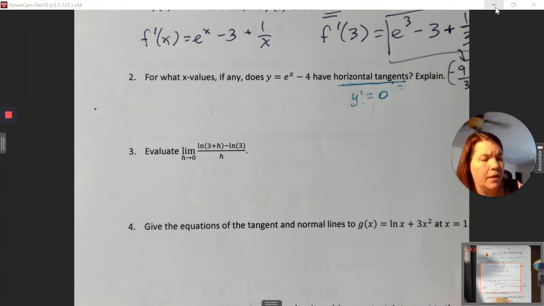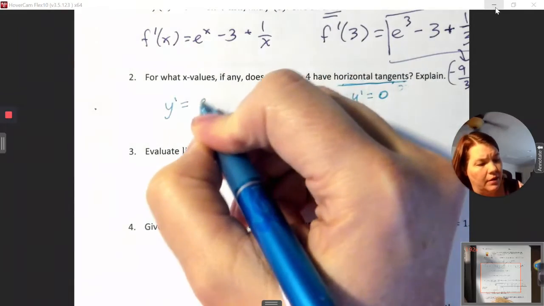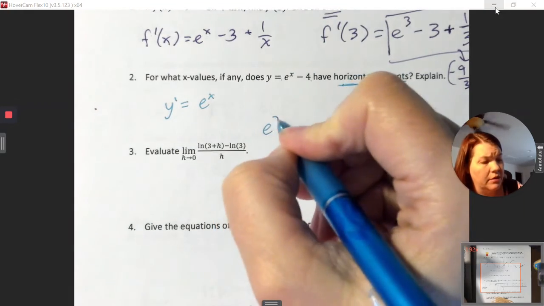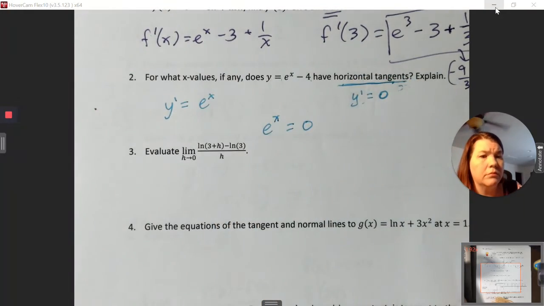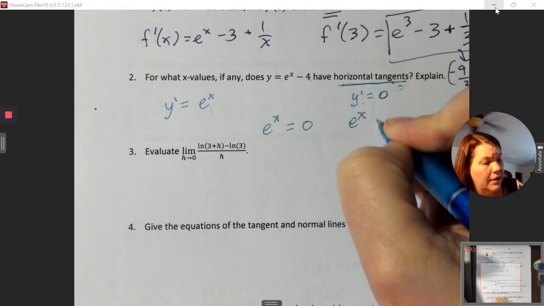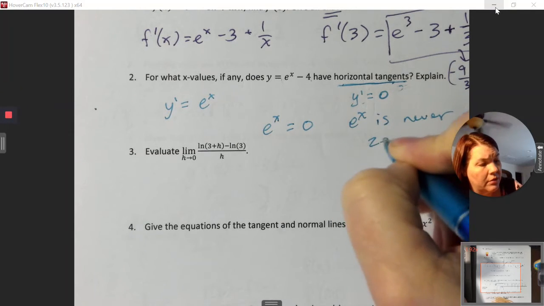Okay, so let's go ahead and take the derivative. y prime is e to the x minus 0. Is e to the x ever equal to 0? No. E to the x is never equal to 0.